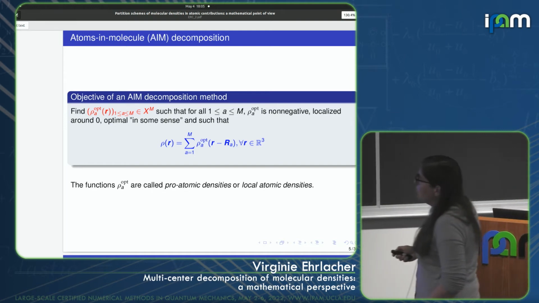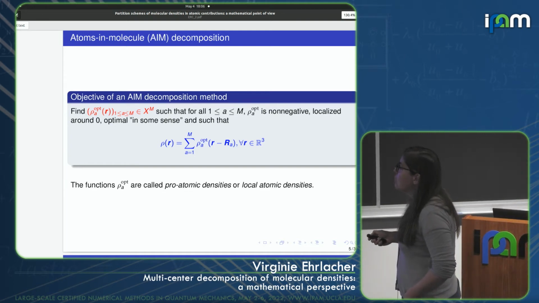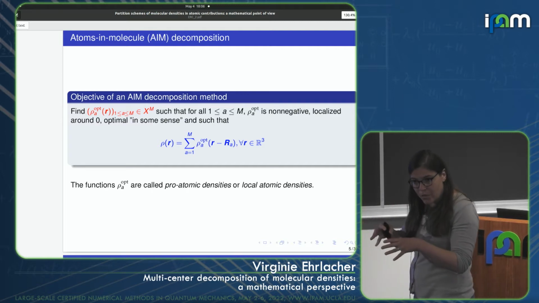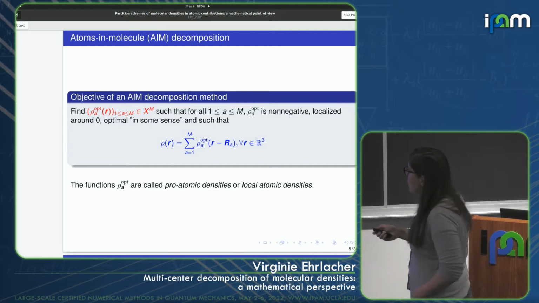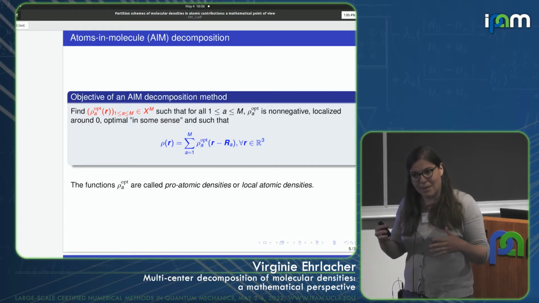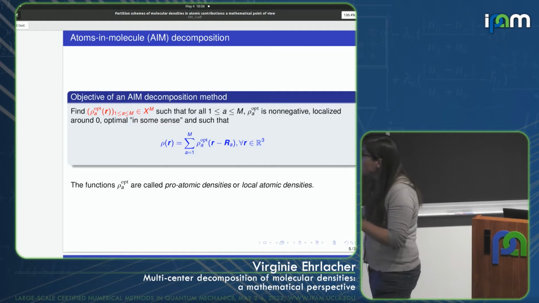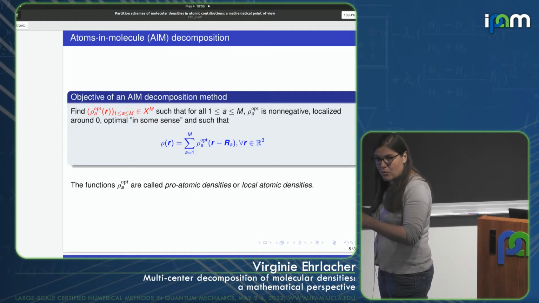What do you want about this particular function, rho A opt? You want it to be non-negative and as much as possible localized around the 0 point, and to be somehow optimal in some sense in order to represent the local contributions of atom A to the electronic molecular density.